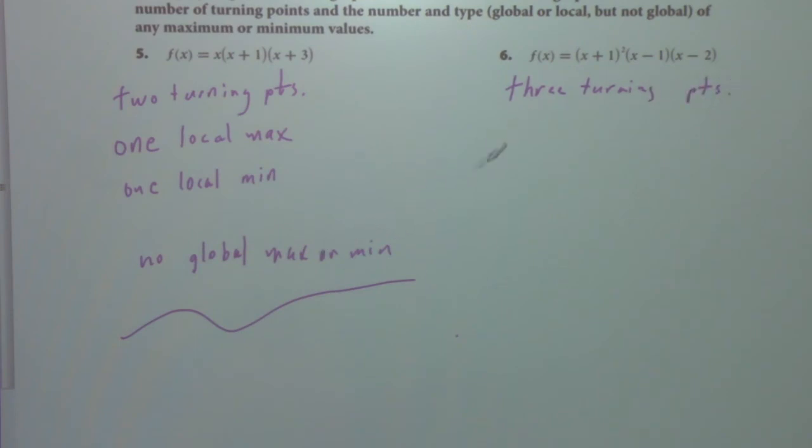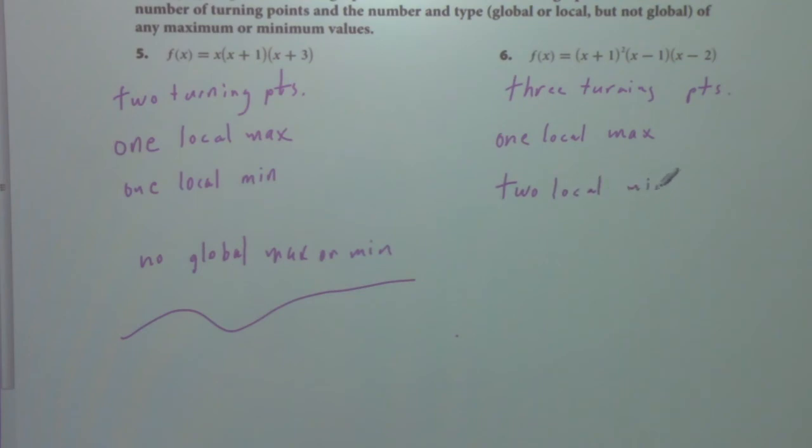Okay, what about maximums and minimums? There's one local max. So 1 local maximum. And there's 2 local minimums. So 2 local minimums.